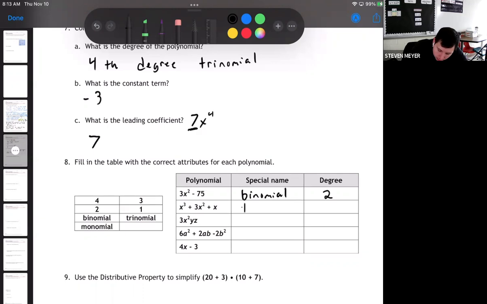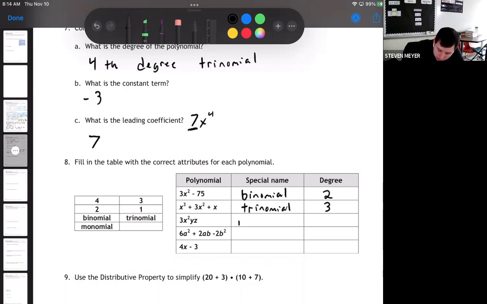Here we have 3 terms, so that makes it a trinomial. And the degrees are 3, 2, and 1. The highest out of that is 3, so this has a degree of 3. How many terms do we have for this next one?